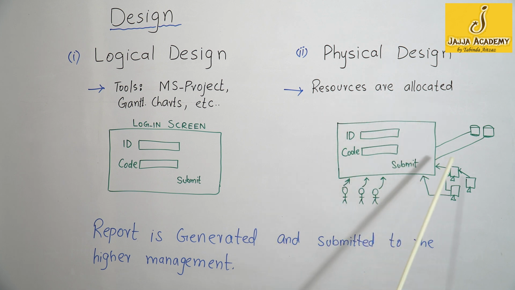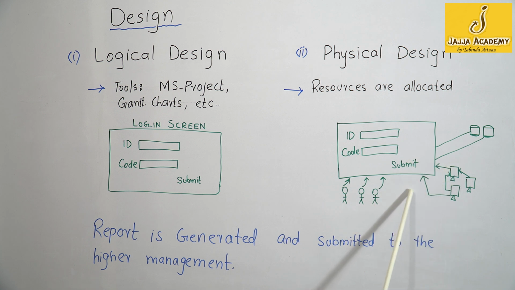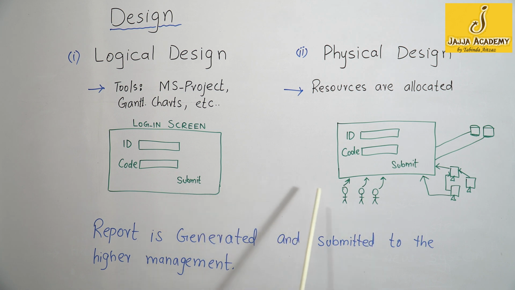For example, databases are connected, networks are made, and different methods are used to fulfill the requirements of users, such as what would be the input requirements, output requirements, processing requirements, and what methods should be adopted to provide backup and recovery features, etc. After the logical and physical design, a report is generated about logical and physical designs, and then this report is submitted to the higher management.